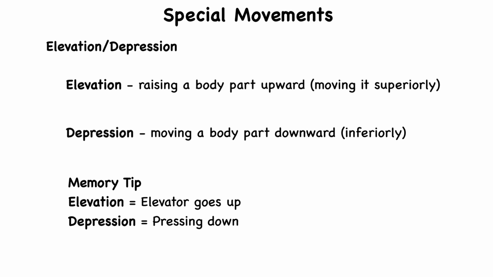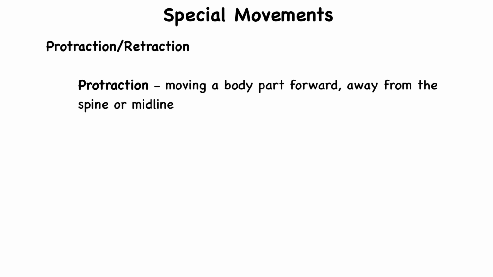The next group is protraction and retraction. These are movements that occur in the horizontal or transverse plane, moving a body part forward or backward along a straight path. These are commonly seen at the scapula, the shoulder blade, or the mandible, the jaw. Protraction is moving a body part forward away from the spine or midline.